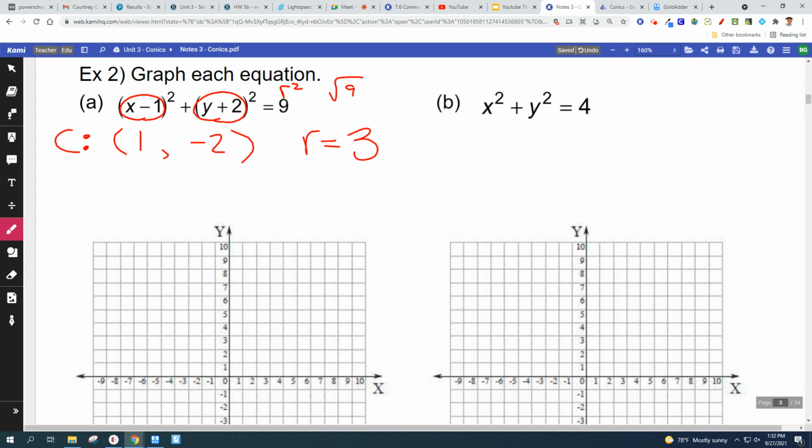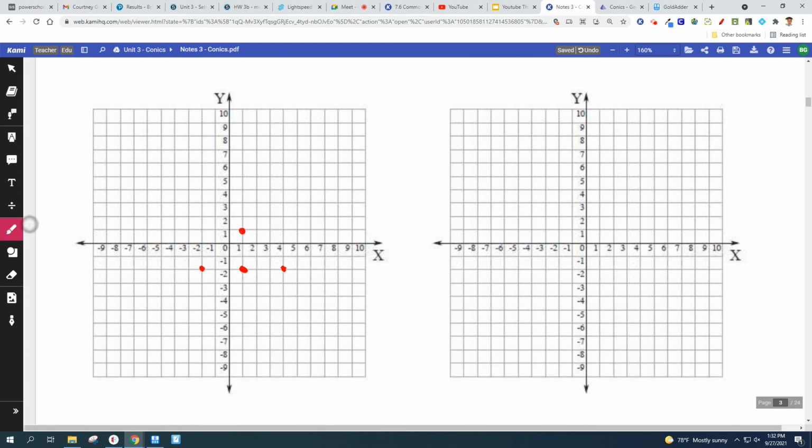And so here's what I'm going to do. I'm going to find that center point first, 1, -2, and put a dot there. And then the easiest way to graph this, I think, is to go up, down, left, right, 3 units. So go 3 units in each direction. I'm going to go 1, 2, 3 to the right, and 1, 2, 3 up, and 1, 2, 3 to the left, and 1, 2, 3 down.